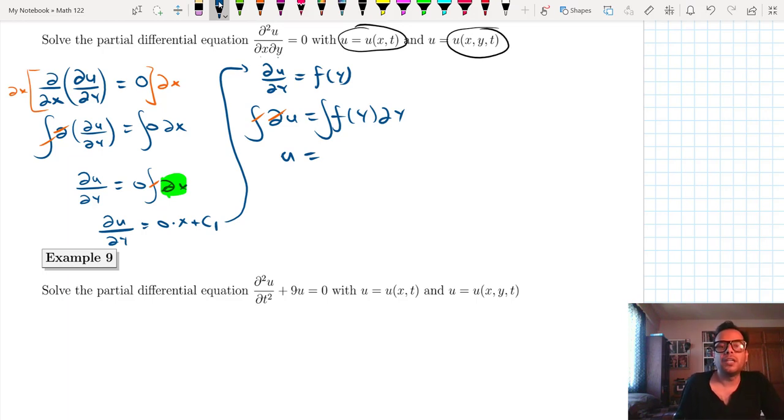Okay, in this case, be careful. Notice in this case, we are integrating this function f of y with respect to y. So you might remember the notation when we first learned antiderivatives and integration. When we integrate little f, we get big F. We get big F of y plus some c2, but because in this case I'm not going to write the c, I'm going to write another function, call it g, because in this case we integrated with respect to y.